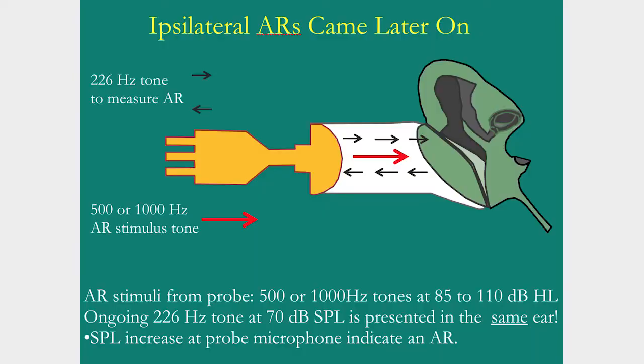Figure 3 shows the ipsilateral method. Here, the probe is put in one ear, and that's emitting the low-pitched tone that's reflected off the drum, and at the same time, the loud, sudden, low-pitch acoustic reflex stimulus also is emitted out of that same probe.